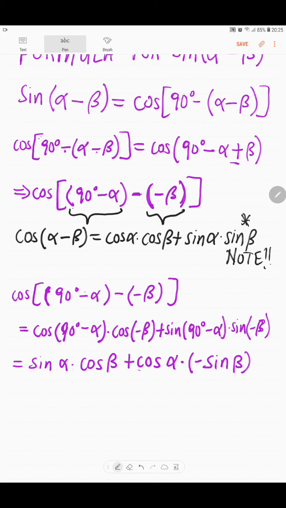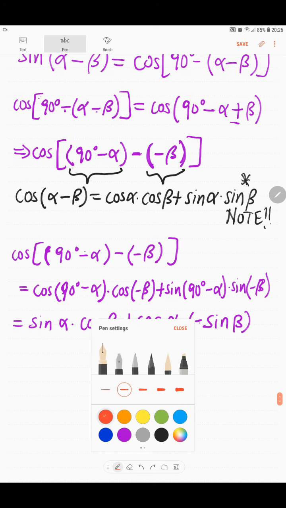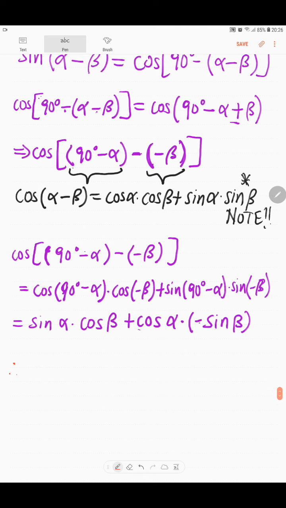But now this is one term, so the negative multiplies the positive, ultimately turning this into a subtraction. Therefore sine alpha minus beta is equal to sine alpha by cos beta minus cos alpha by sine beta.